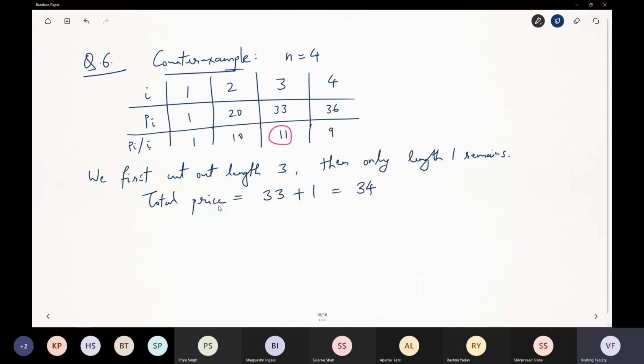However, if you see, the optimal cutting in this case is 2 plus 2 units.